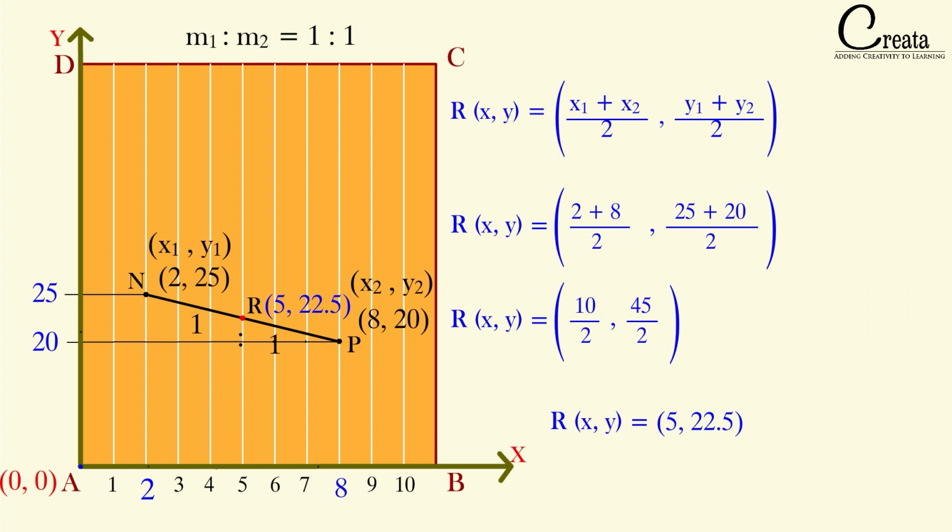Here 5 is the x coordinate, which is symbolizing the fifth chalk line on the line segment AB, this line. And 22.5 is denoting the y coordinate, that is 22.5 meters. So the location of the flag posted by Rashmi is at the fifth line at 22.5 meters. So that is the answer of the question. Got it?